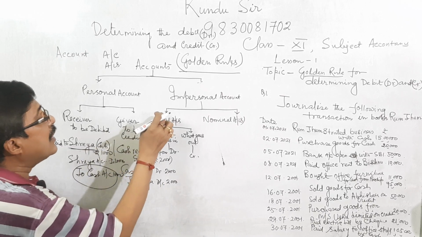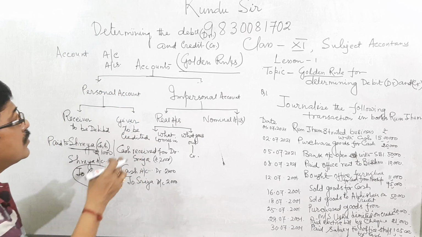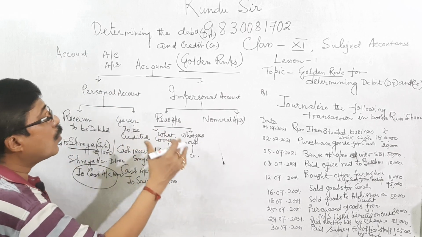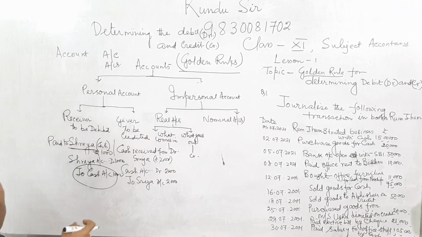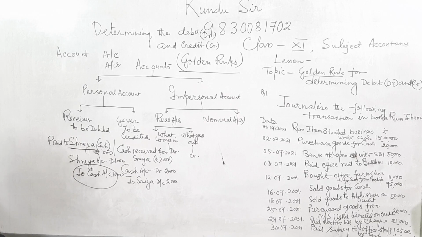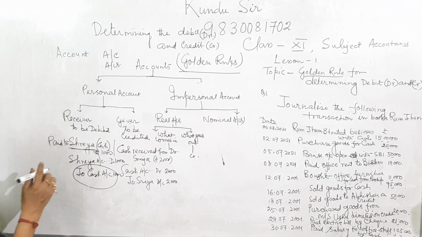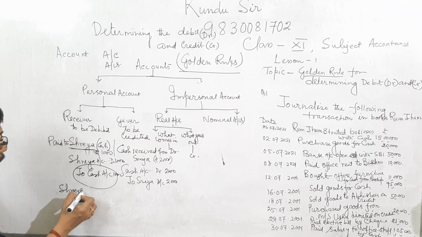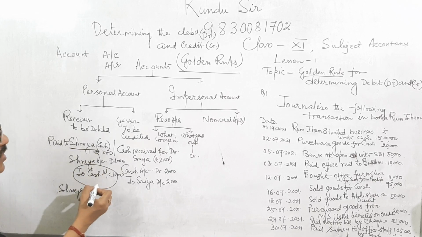So in the real account, the rule is what comes in debit and what goes out credit. Now I am giving here examples for personal account. I am giving a lot of examples. Shreya is a personal account, then Srija.